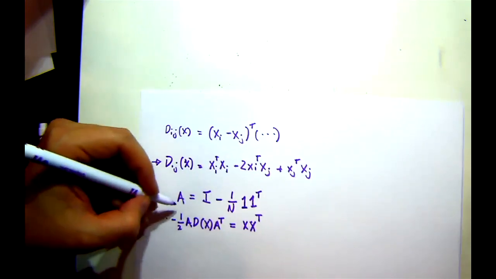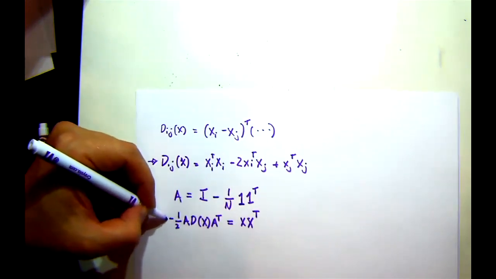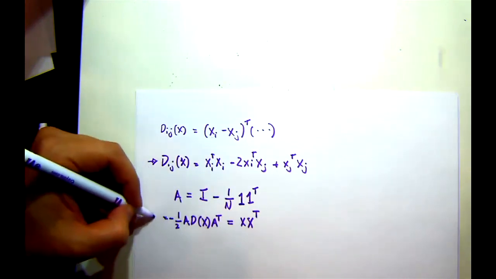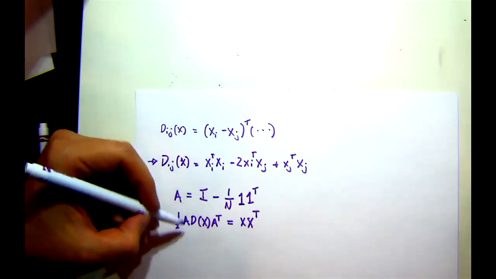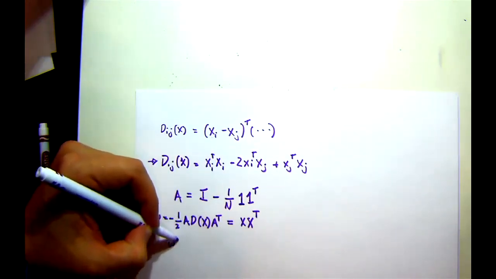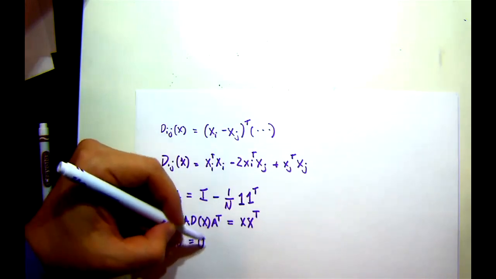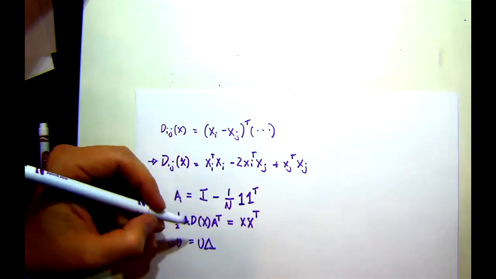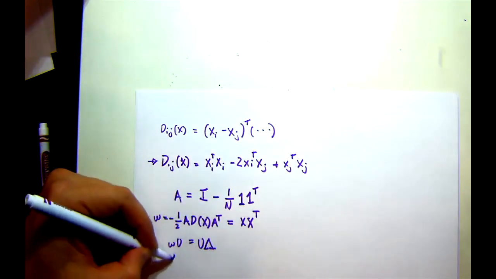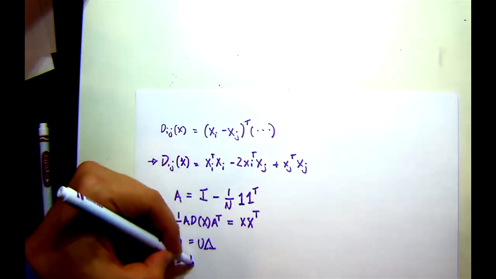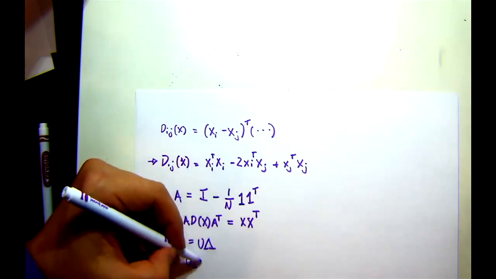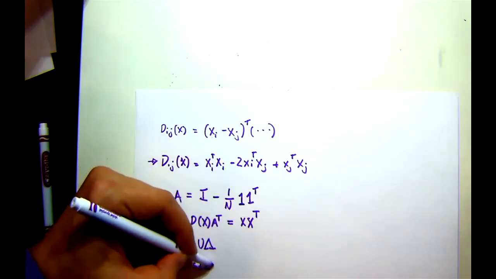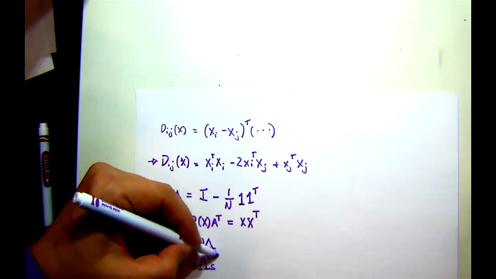So we're going to call this guy W, and then we're going to claim that W U equals U sigma. We're going to take Y equal to the U, the projected sigma 1 over 2.